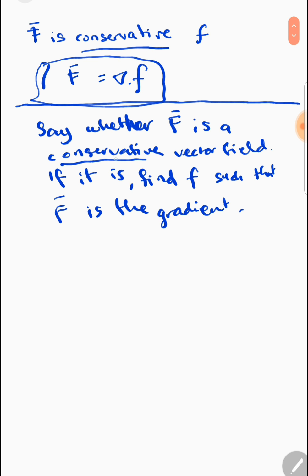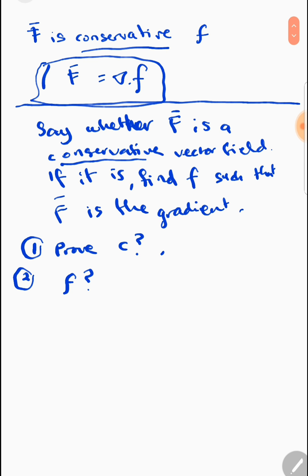First is to prove whether it's conservative or not. Second, if it is conservative, then find the function f, which is the potential function.